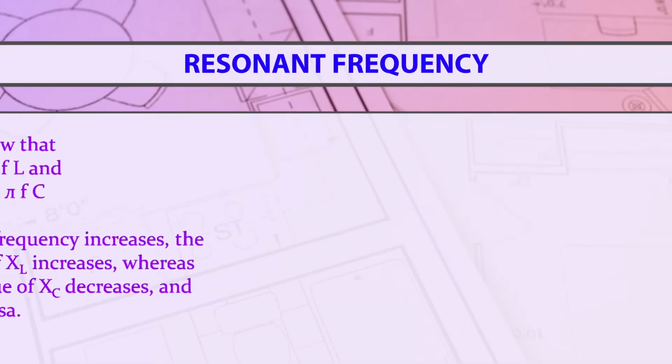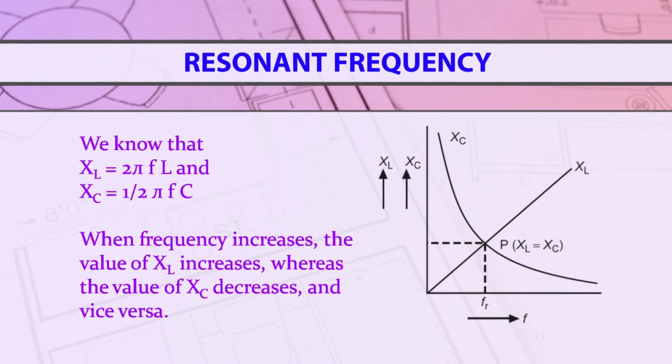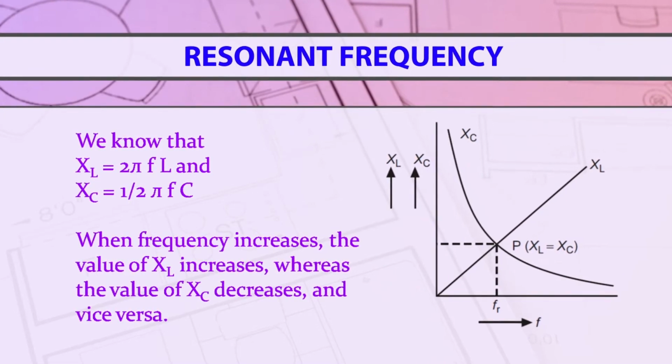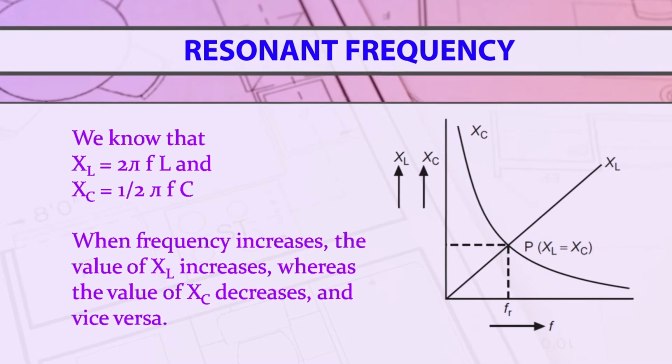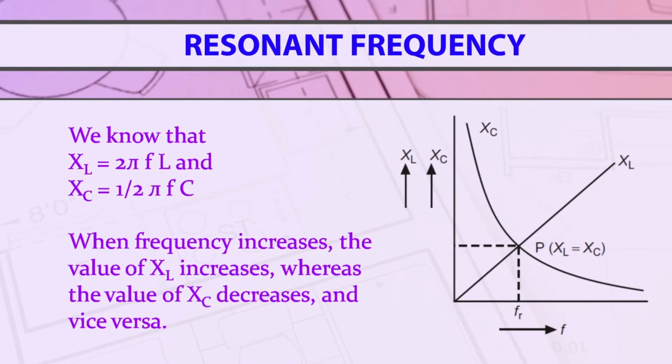Now we have to understand what a resonant frequency is. Here you can see in the graph that the value of XL can be written as XL equal to 2 pi FL. That means XL is directly proportional to the inductance. Let us assume that the frequency is constant. Here you can see in the graph that it is showing linear behavior.